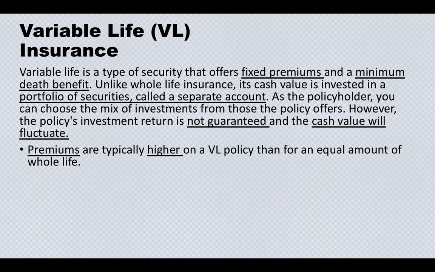The premium on a variable life policy is typically higher than on an equal amount of whole life. Basically, if you buy a $1 million policy, and you buy it as a whole life policy, your premium is much lower than for the $1 million variable life insurance. One of the reasons is that they give these variable options, which makes the product more complex.